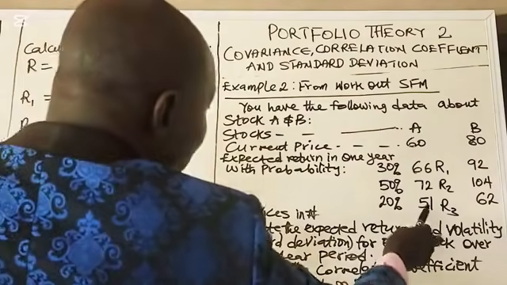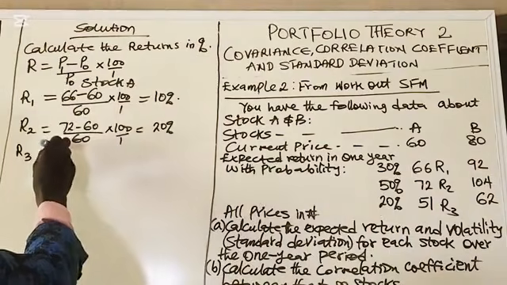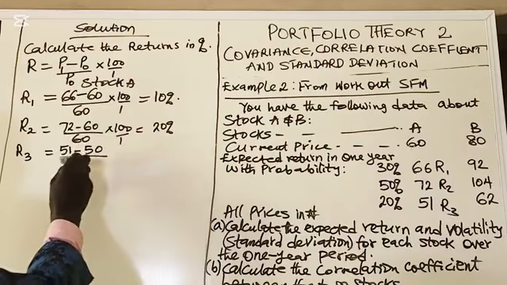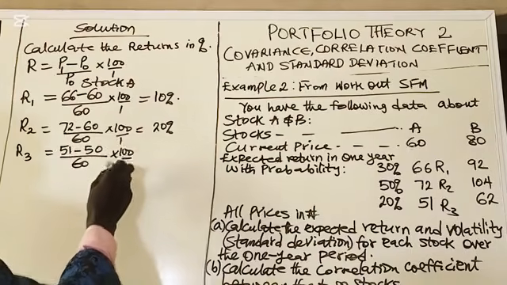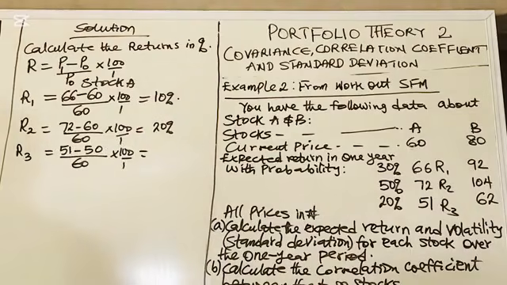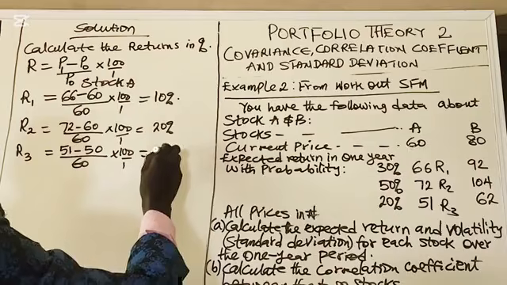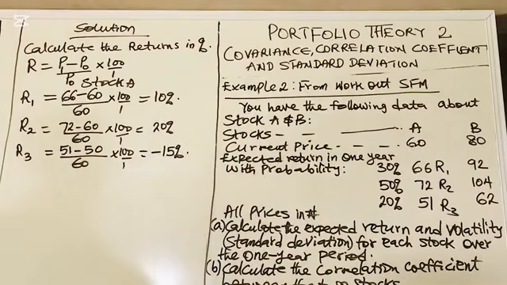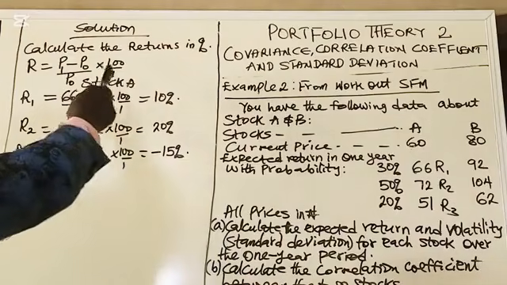The return is 51 minus 60 over 60 times 100 over 1. That is minus 9 divided by 60 times 100, which gives us minus 15%. These are the returns for each of the 3 scenarios for stock A.